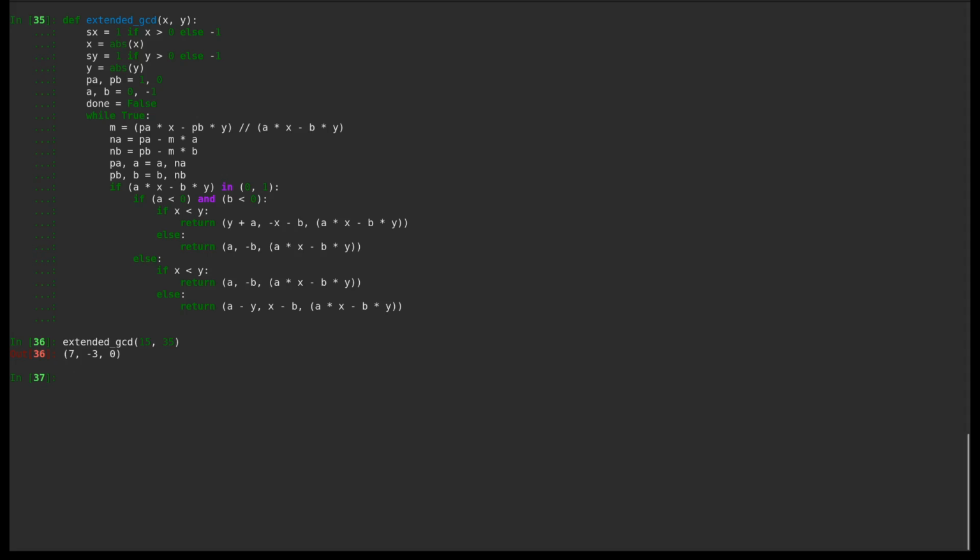That means I actually have the algorithm continue one step farther than it really needed to continue. It should have stopped before it got to 0. But for our purposes, we don't care. The extended GCD algorithm is, in fact, for various reasons, the most useful when there is no greatest common denominator. But let's test out the answer it gave us for 15 and 35. So 7 times 15 minus 3 times 35. Well, we get 0.